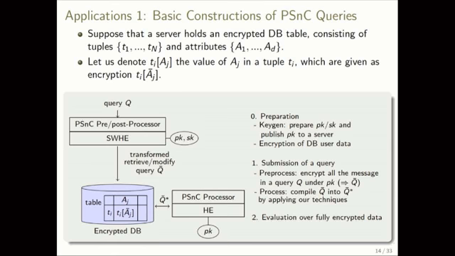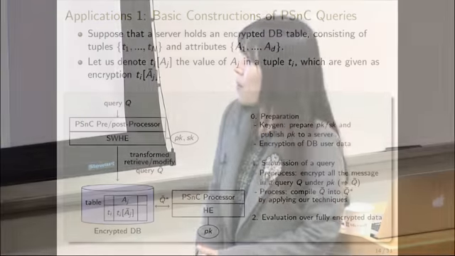The following picture illustrates our approach. We first suppose that a server holds an encrypted DB consisting of tuples and attributes. Let us denote by t sub i bracket a sub j the value of attribute a sub j in tuple t sub i.